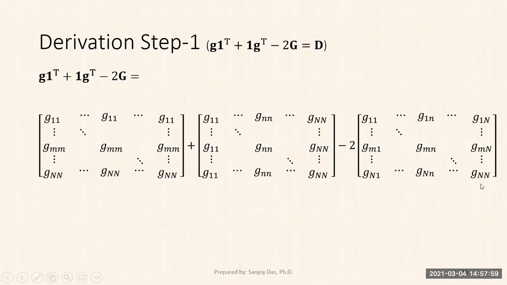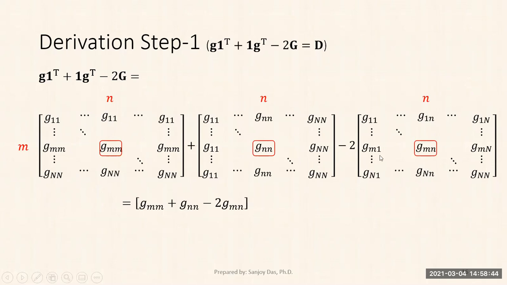Now let's look at what the mth row is going to look like when we do this operation: this plus this minus twice of this. Mth row, and nth column. We're going to find out what will be in the mth row and nth column of this whole thing. So that will be Gmm plus Gnn minus 2 Gmn, right? We're looking at the mth row and the nth column.